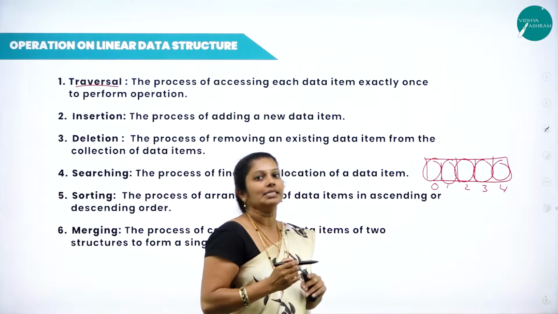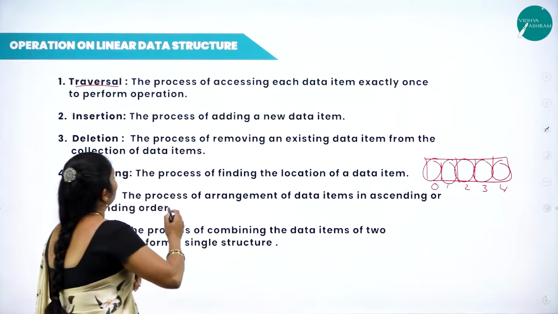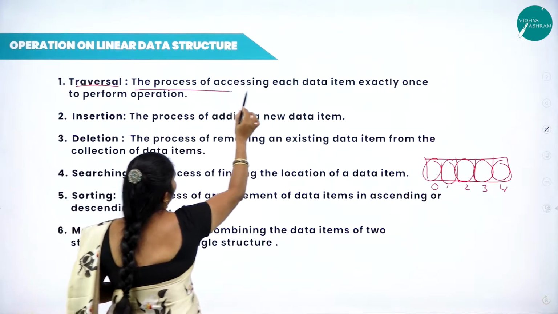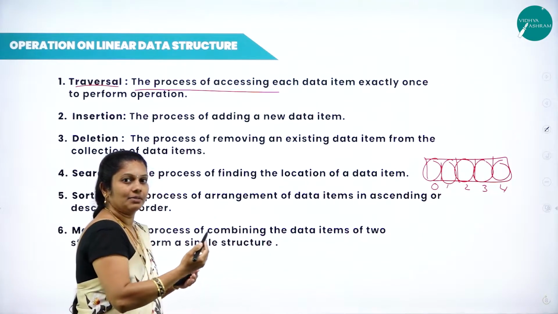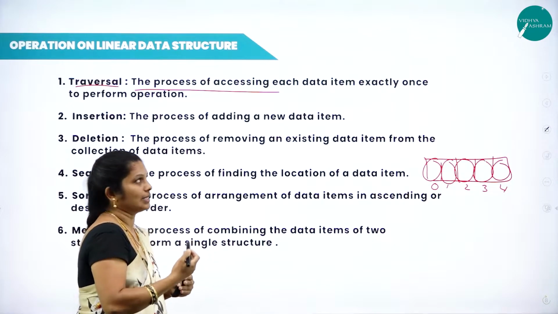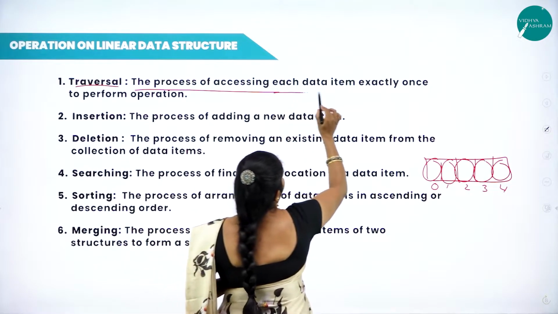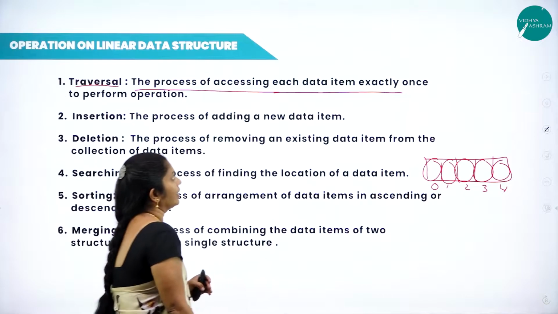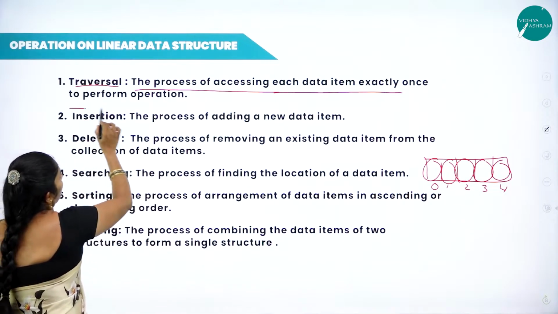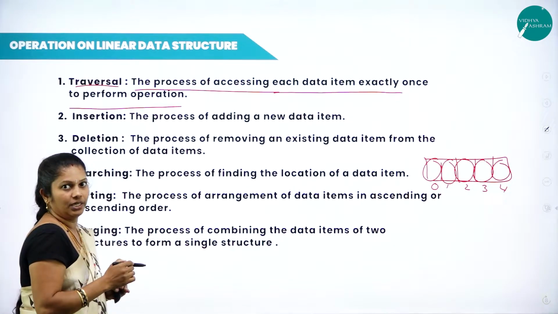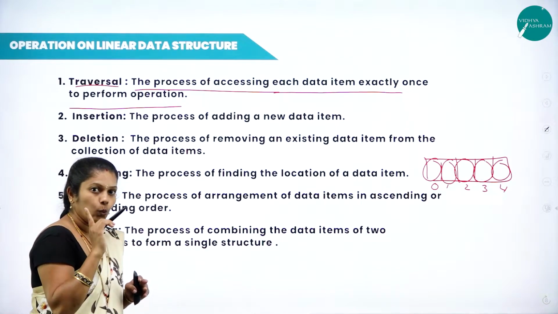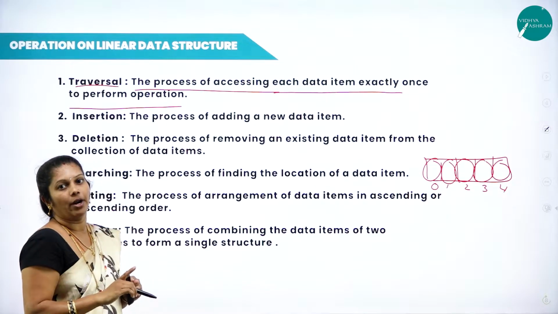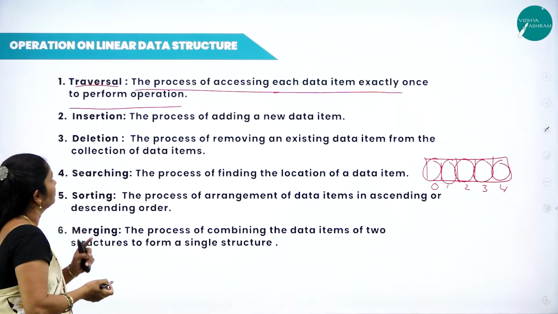Traversing is a process of accessing, meaning taking and processing, each item exactly once to perform the operation. From the beginning only we have to access the item.